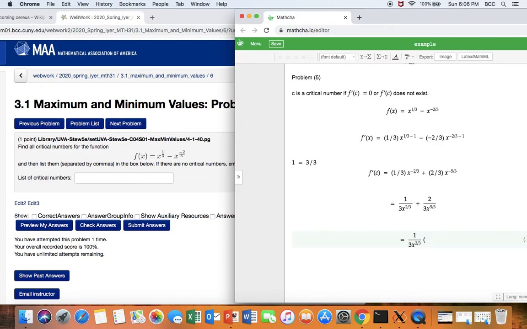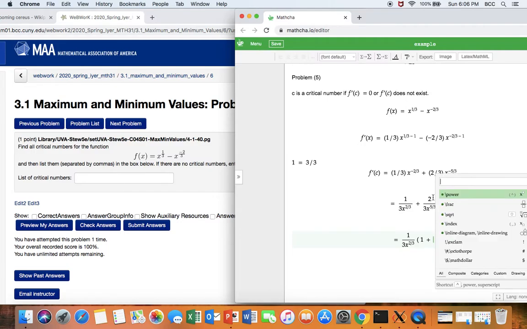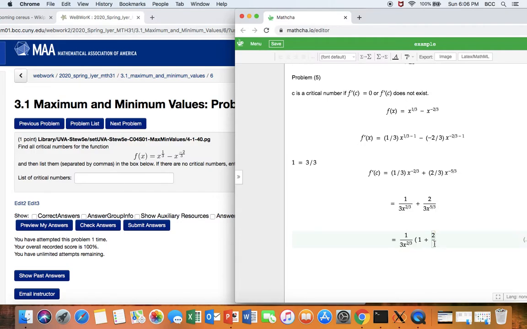And now what's left? 1 over 3x to the 2/3 is left. So 1 is there. Plus this gives me a 2 upstairs. And from 5/3 I took away 2/3, so what's left is power 3/3. So that's simply power 1.